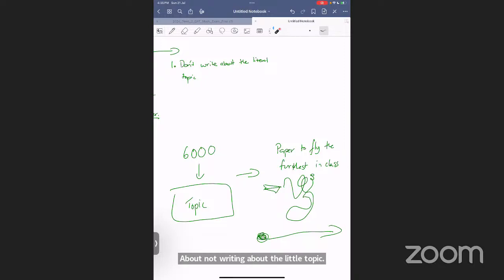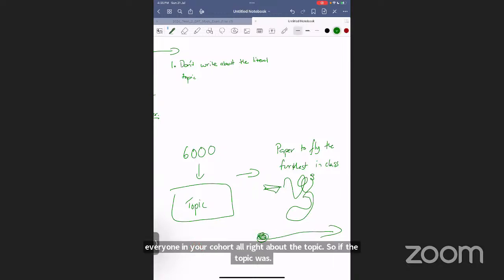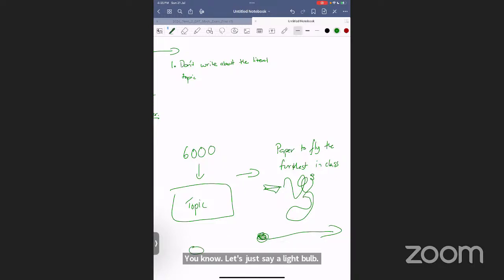If everyone in your cohort all write about the topic, so if the topic was, let's just say, a light bulb, how do I draw a light bulb?